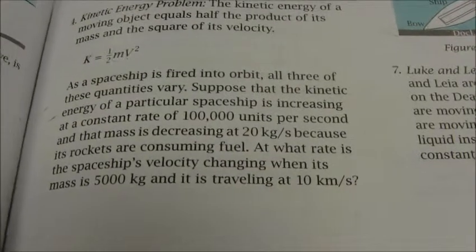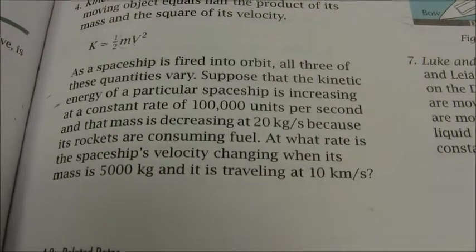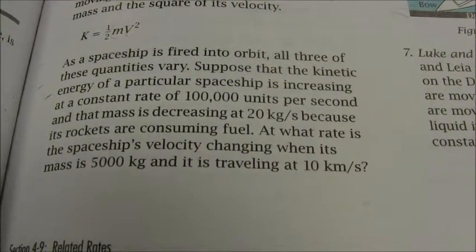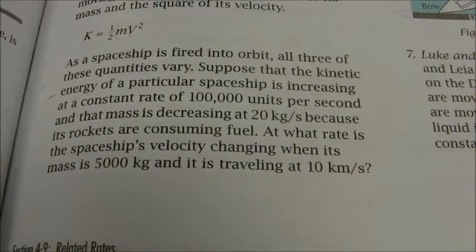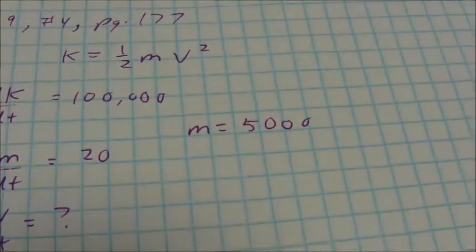Let's go back here. It says at what rate is it changing when the mass is 5,000 kilograms and it's traveling at 10 kilometers per second. The mass is changing, so that is going to be a mass value: m is 5,000 kilograms. However, I can't substitute that into the equation to replace a variable.